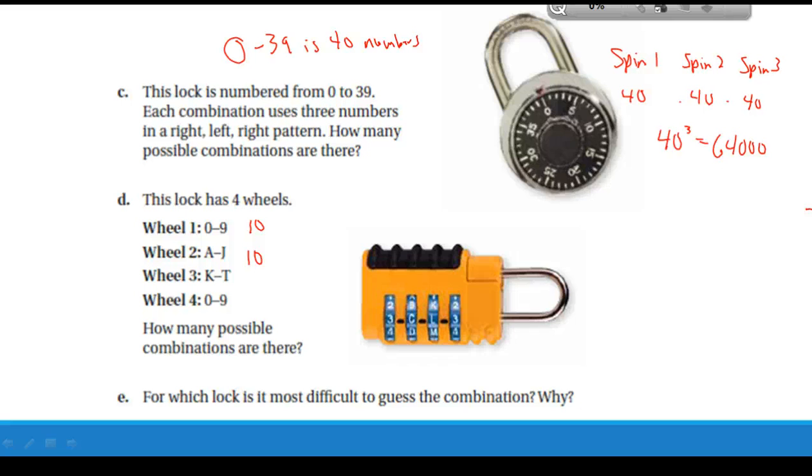And then K through T for wheel 3: K, L, M, N, O, P, Q, R, S, T. So that's another 10. And then 0 to 9 is 10. So this would be 10 to the 4th, or 10 times 10 times 10 times 10. So it would be 100 times 100, or 10,000.